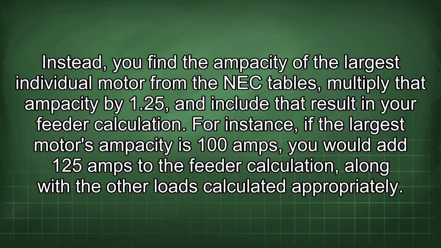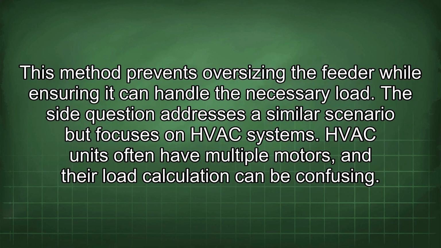Instead, you find the ampacity of the largest individual motor from the NEC tables, multiply that ampacity by 1.25, and include that result in your feeder calculation. For instance, if the largest motor's ampacity is 100 amps, you would add 125 amps to the feeder calculation, along with the other loads calculated appropriately. This method prevents oversizing the feeder while ensuring it can handle the necessary load.